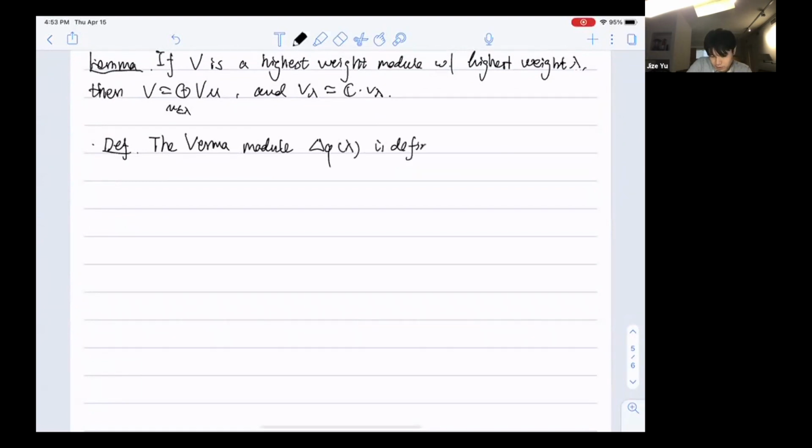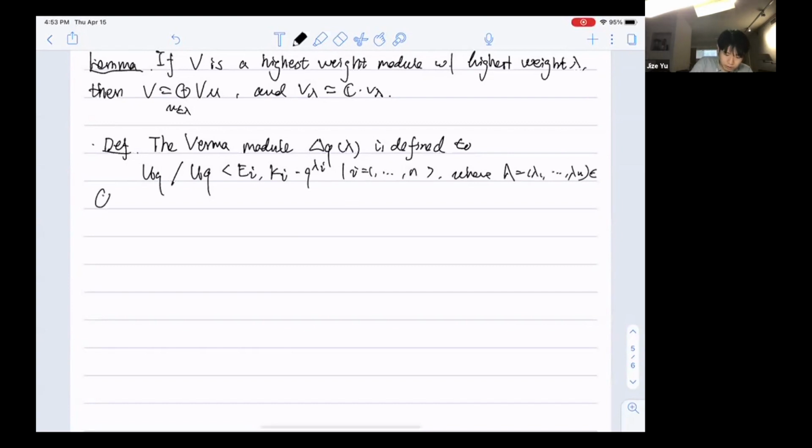This is defined to be U_q quotient by the left ideal generated by relations E_i, K_i minus q^(λ_i), for i from 1 to n, where λ is (λ_1, ..., λ_n) in Q^×n. So this is a weight.